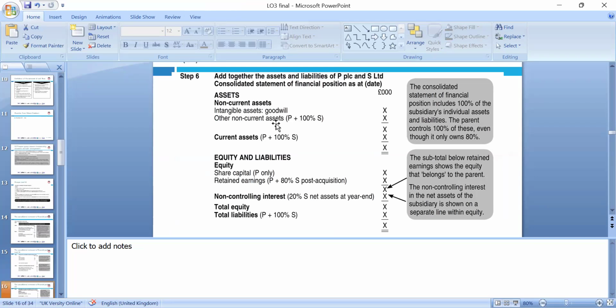The current assets of the parent and subsidiary are 100%, you just add their values. For share capital, only the parent, don't include the subsidiaries, please. The retained earnings are the parent plus 80% of the subsidiary post acquisition, as we did in the working at the top, and the non-controlling interest is 20%, which we calculated in the working, and add them all.